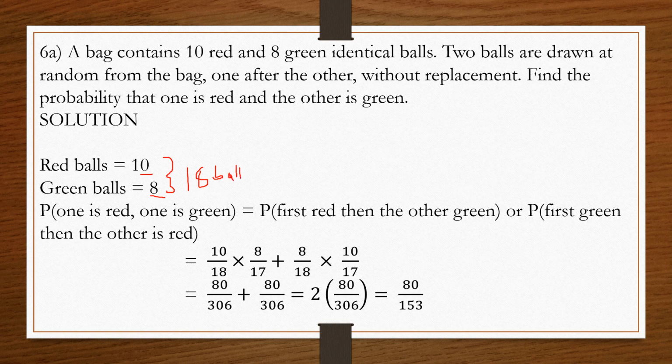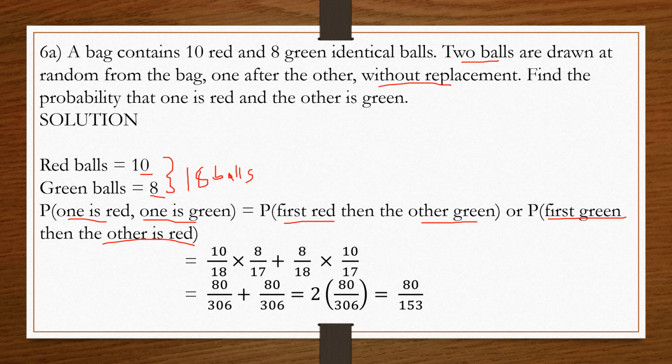Now we are looking for the probability of one being red and the other being green. The two balls, one is red and one is green. So it's possible that the first is red and the other is green, or the first is green and the other is red. Remember, it is without replacement.